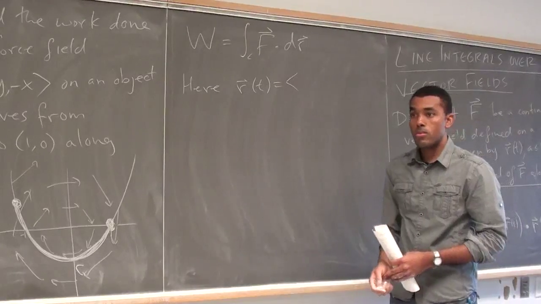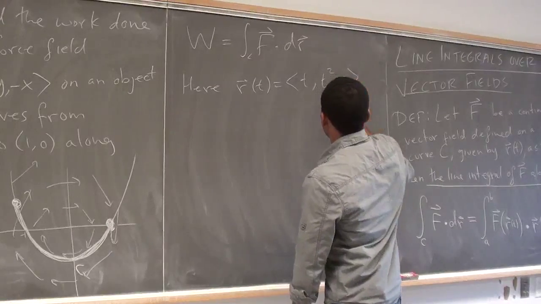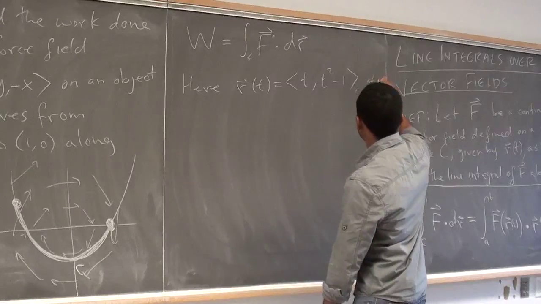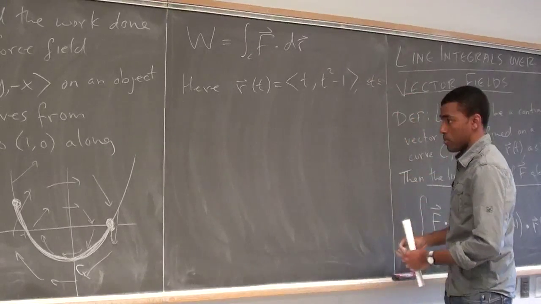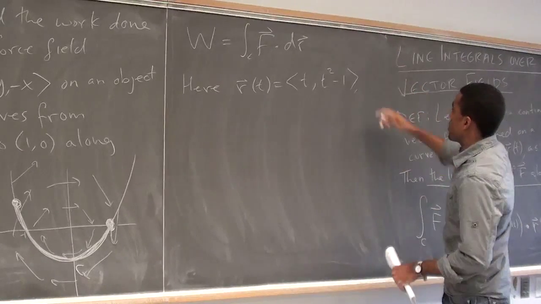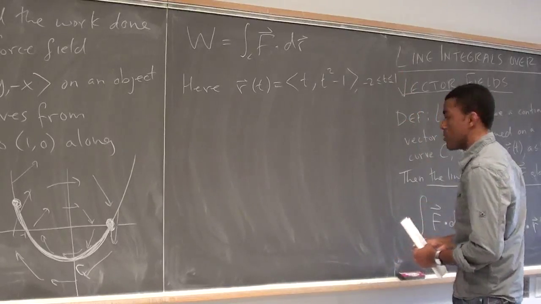As x equals t and y equals t squared minus 1. What are my t values? You go from t equals -2 to 1, because it's following the x values.